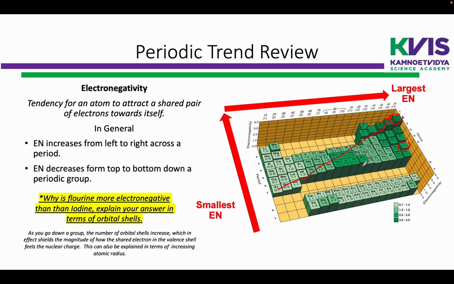So we can also say this in terms of the increasing atomic radius. Okay, so as you can see here, iodine, right? The atomic radius periodic trend goes up, down along the diagonal of the periodic table, meaning the atomic radius for iodine is larger than the atomic radius of fluorine, right? So all that means is that that's why fluorine is more electronegative. Okay. So hopefully that's quite clear to you.